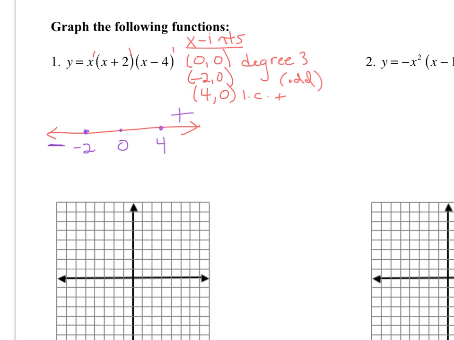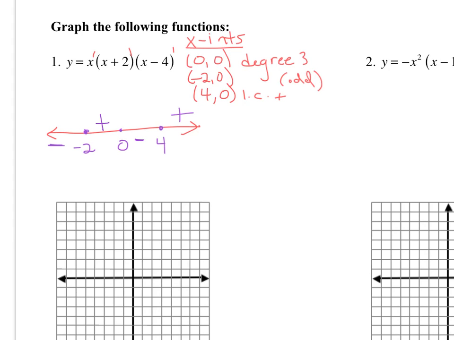And we don't have any double roots, so our polynomial is just going to go through the x-intercepts without bouncing back off. Double roots, you have to do something a little different. So we have here on the far left is negative. So in the next interval between negative 2 and 0, it's going to go above the x-axis. And then between 0 and 4, it's going to drop below the x-axis.